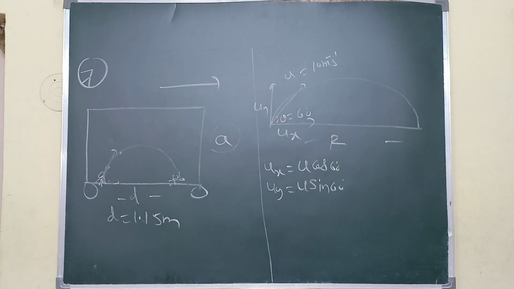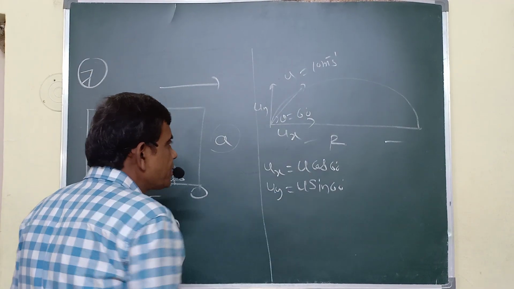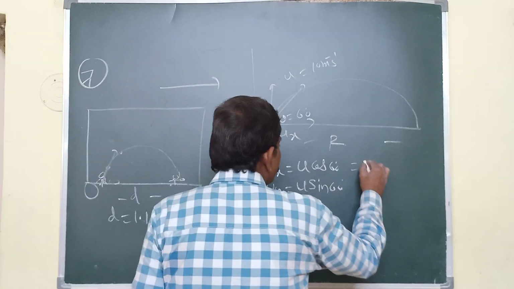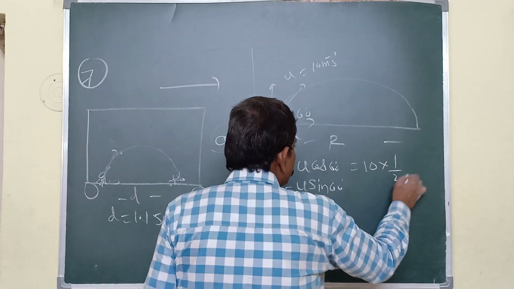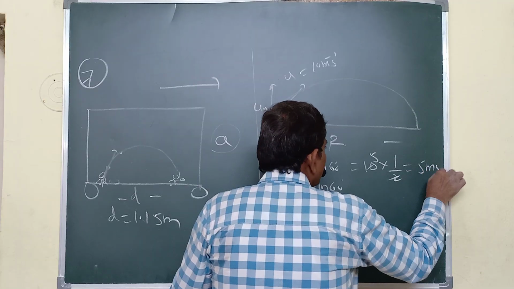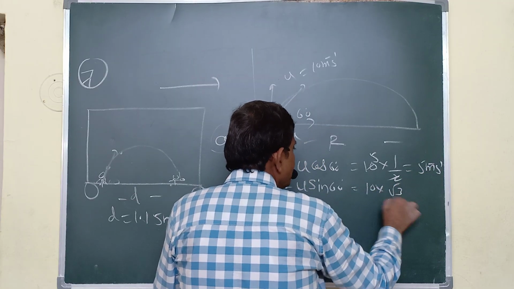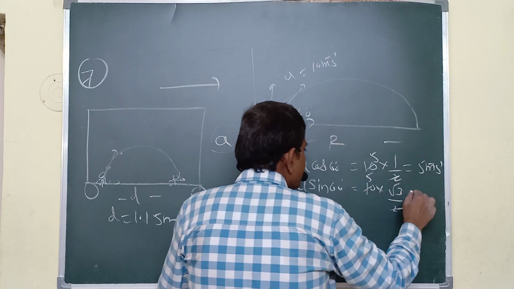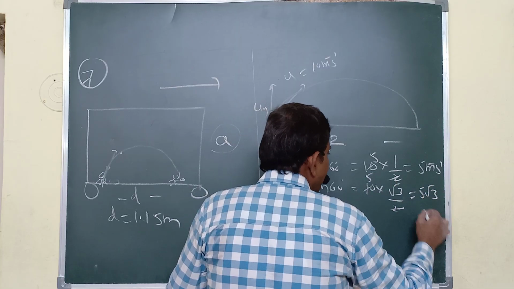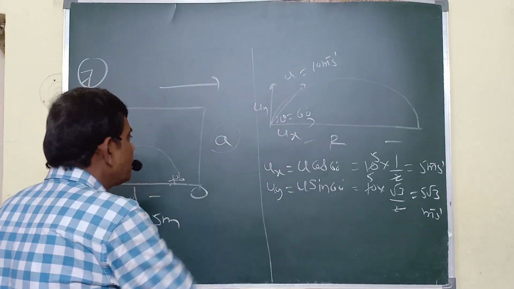With u equal to 10, ux is 10 into cos 60, which is 1 by 2, so 5 meters per second. And uy is 10 into sin 60, root 3 by 2, so 5 root 3 meters per second. This is the vertical component.